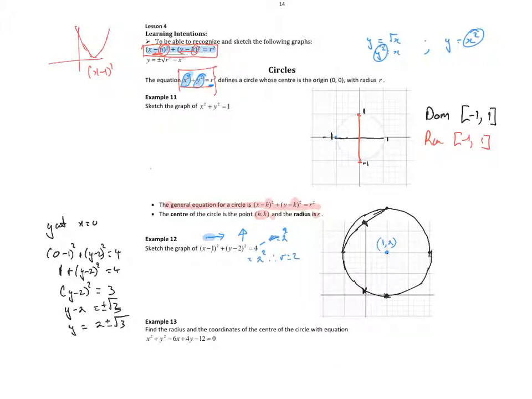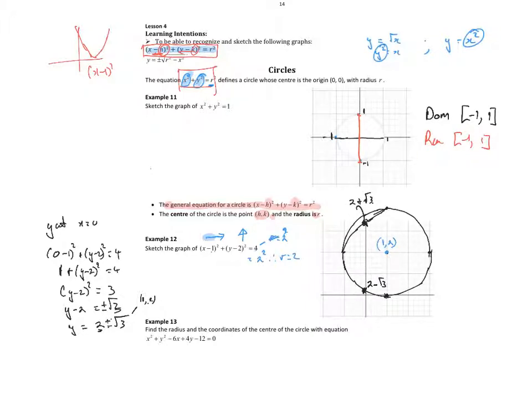So there are my two y-intercepts. Given that root 3 is somewhere between 1 and 2, it's 2 minus 1 and a bit, 2 plus 1 and a bit. So there's my 2 minus root 3, and up here is my 2 plus root 3.